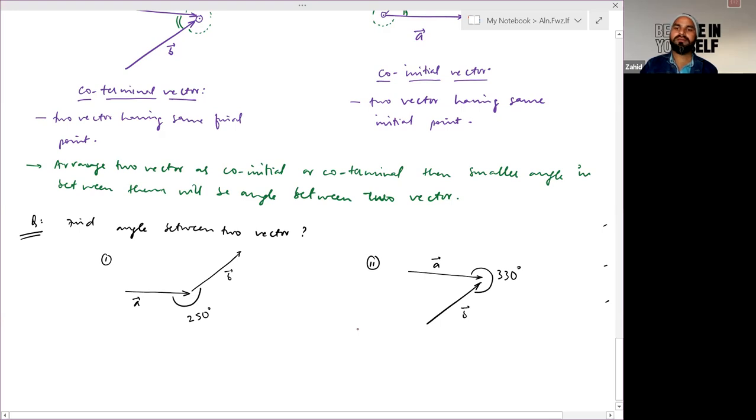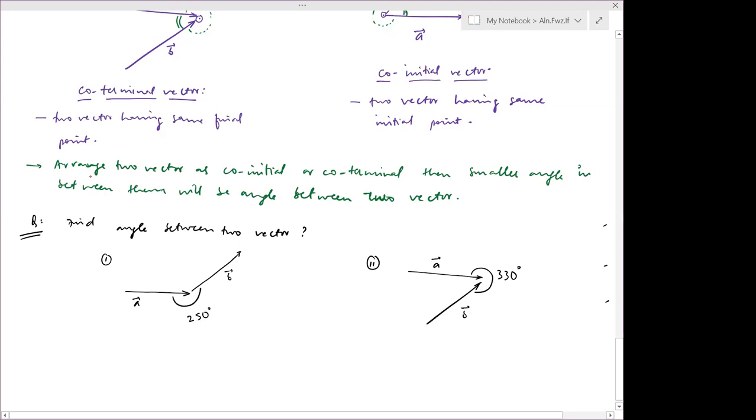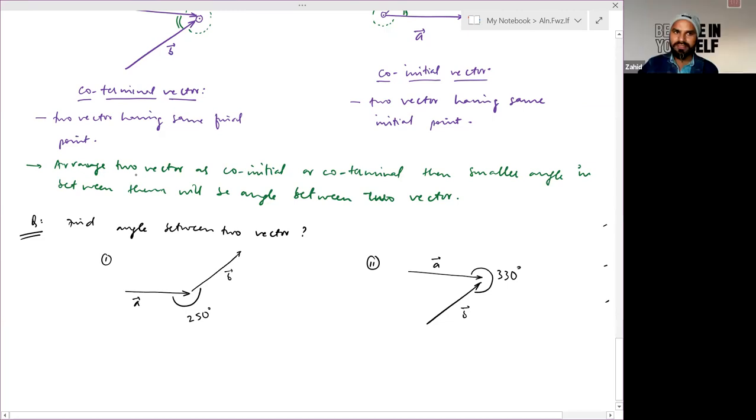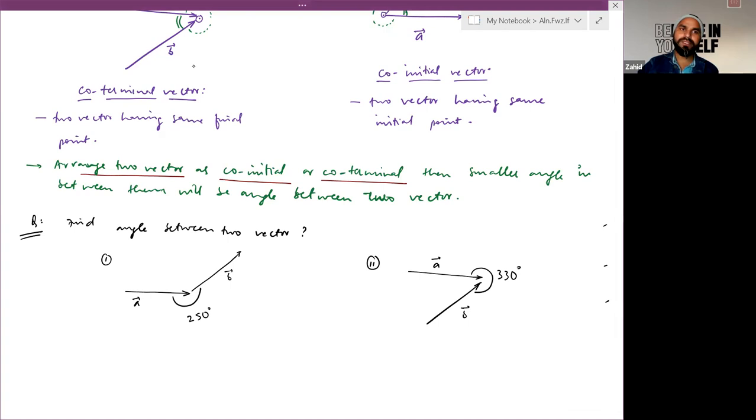Krishna, just think again. Your first answer is wrong. Just see in this definition, we have to arrange two vectors to form co-initial vector or co-terminal vector. Then the smaller angle in between them will be termed as angle between two vectors.